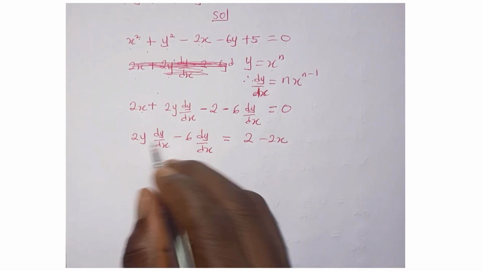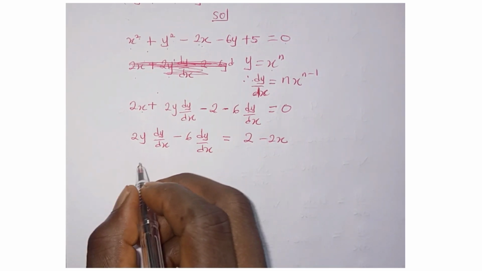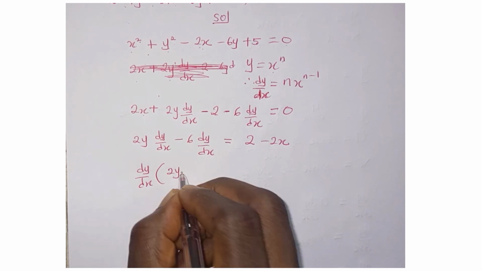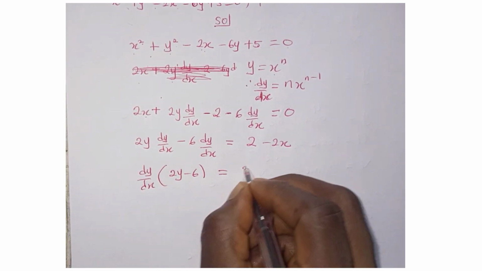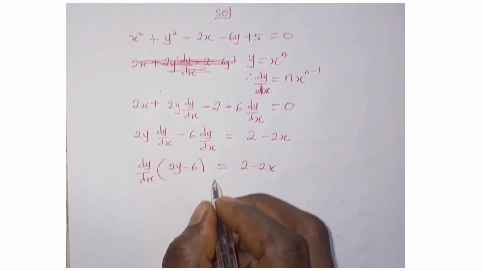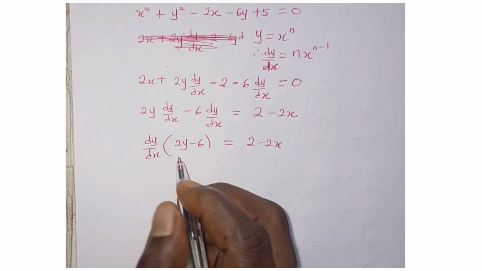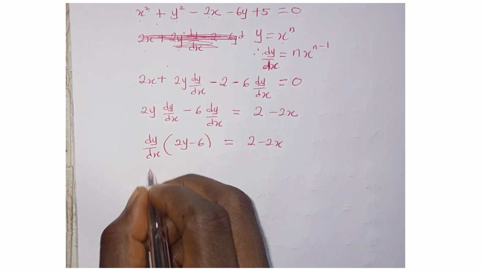If you observe, what is common here is dy/dx. I will factorize it out. So dy/dx into the bracket 2y minus 6 is equal to 2 minus 2x. What am I looking for? dy/dx. I will divide both sides by the coefficient of dy/dx, which is 2y minus 6.